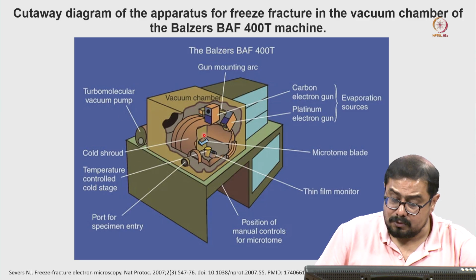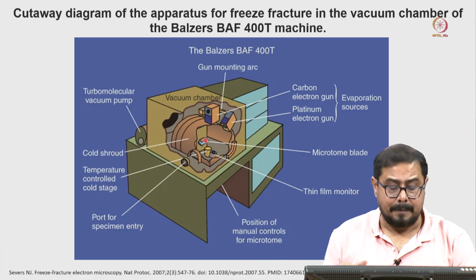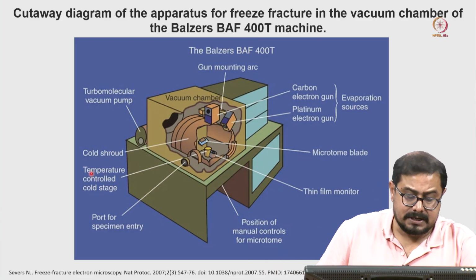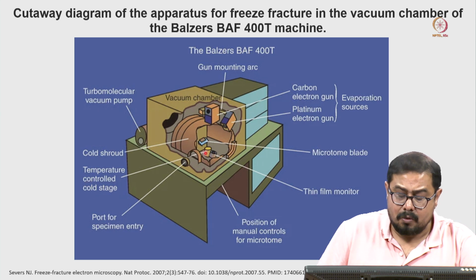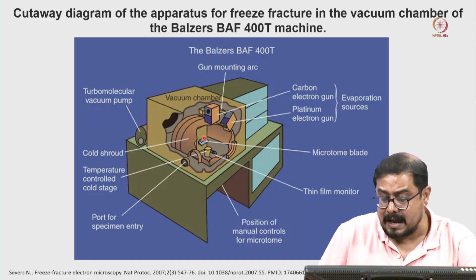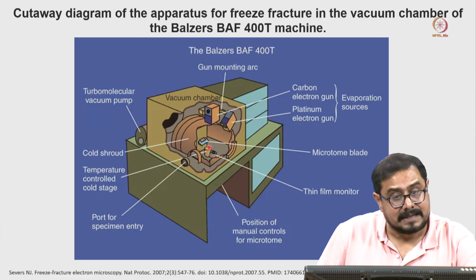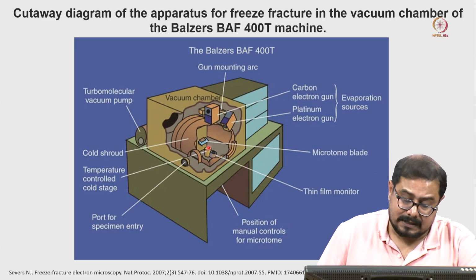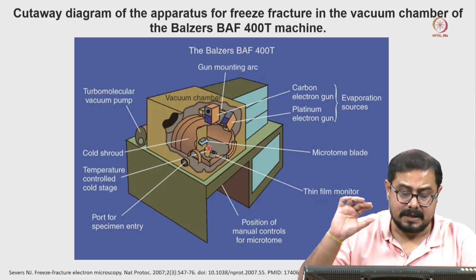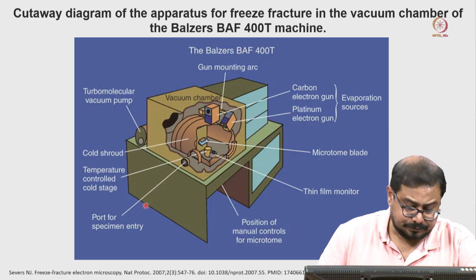A cold shroud is there, and a temperature controlled stage is here, where we maintain a very low temperature, and this is the knife or microtome blade which is going to do the section. The cell will be here at the top, where the temperature is controlled and very low, and this blade is going to do the section.